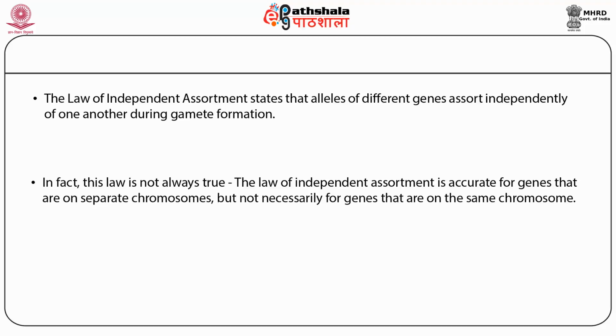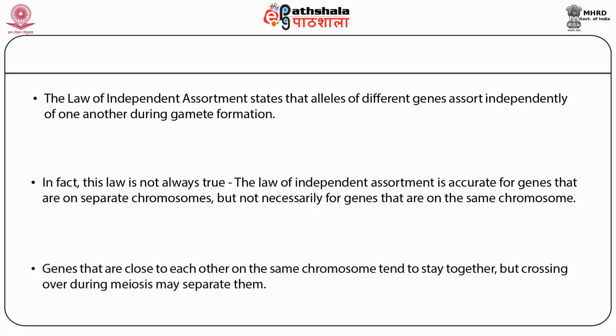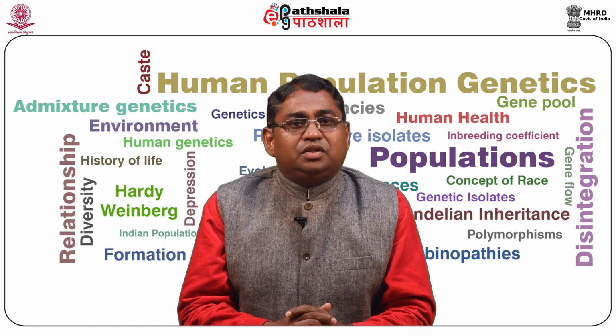The law of independent assortment is accurate for genes that are on separate chromosomes, but not necessarily for genes that are on the same chromosome. Genes that are close to each other on the same chromosome tend to stay together, but crossing over during meiosis may separate them.